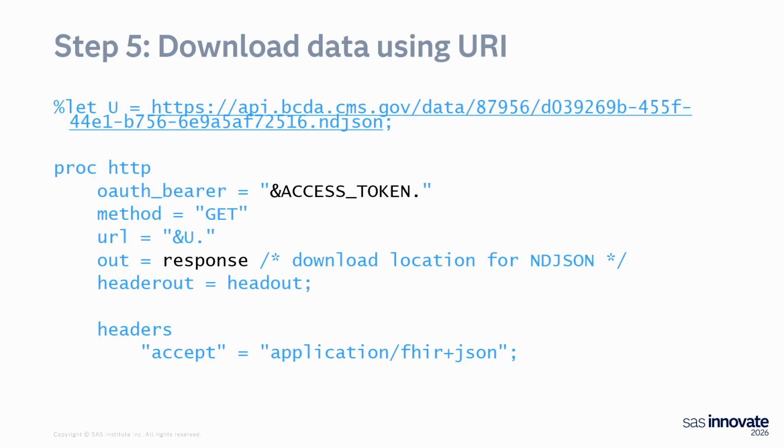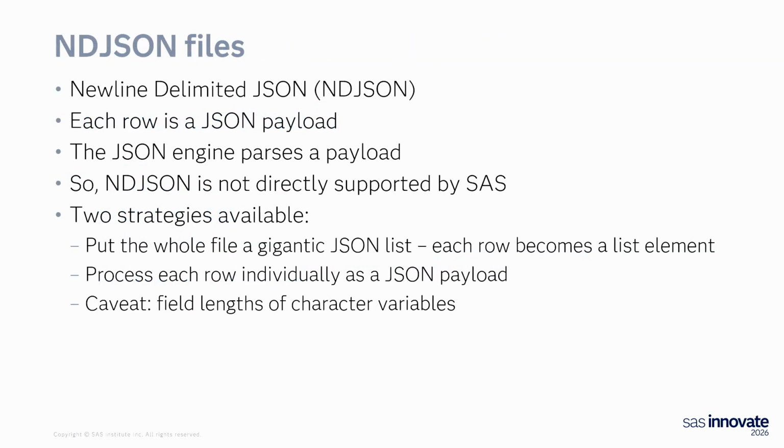Rather, the response location goes to the local storage area where we want to download the NDJSON files to. So after all that waiting, we have some NDJSON files. By the way, we don't have SAS data sets or anything. We just have NDJSON files.